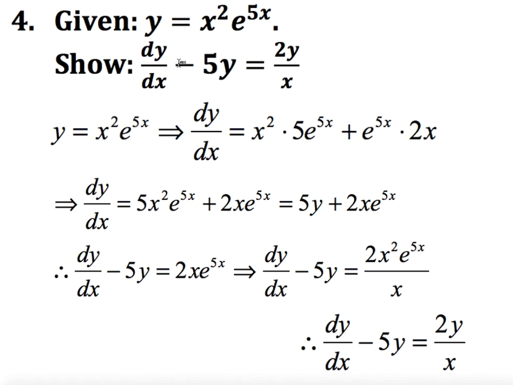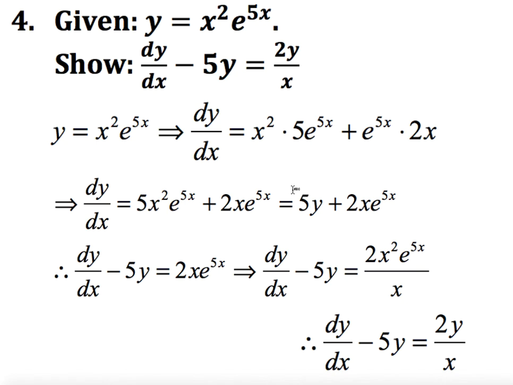Keep an eye on what you're trying to show. So all I've done here is sort of just combine terms to make it look a little bit easier to actually work with this. And what's going on here is that this x squared e to the 5x piece, well, that is just equivalent to y. So I'll let that be y because I need to get that into the system somehow.